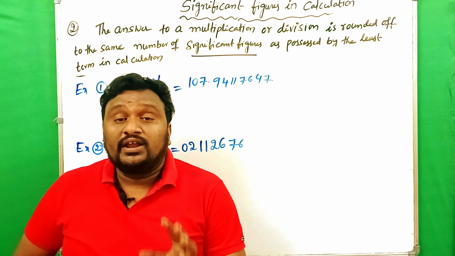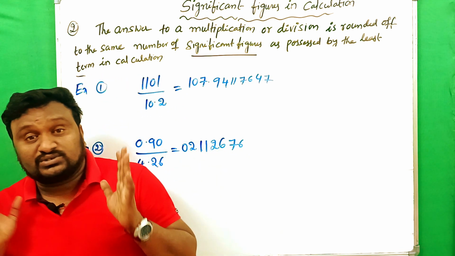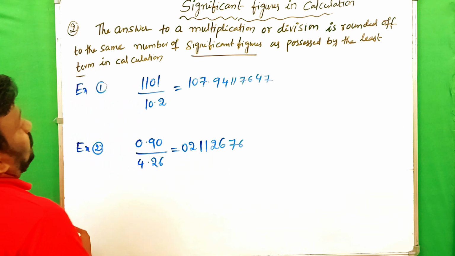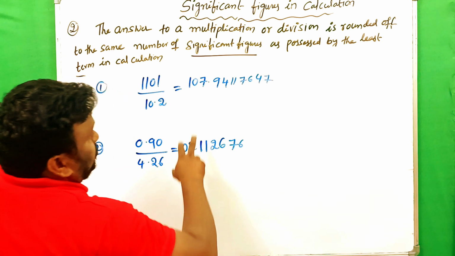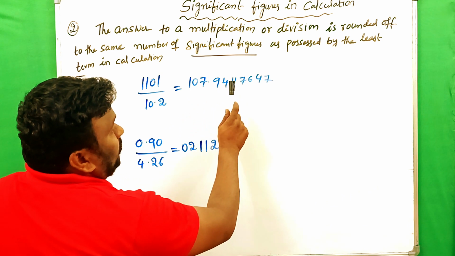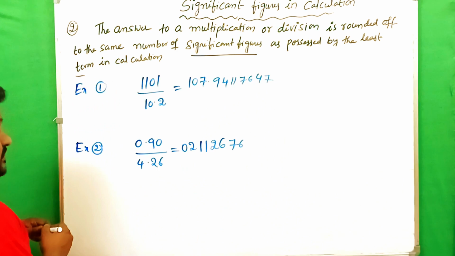Let's see now some examples in case of division. I already told you, in case of multiplication and division we have to follow the same rules. So examples are given here now. 1101 by 10.02, that is equal to, we are writing the values, 107.94117647. That is the answer here.